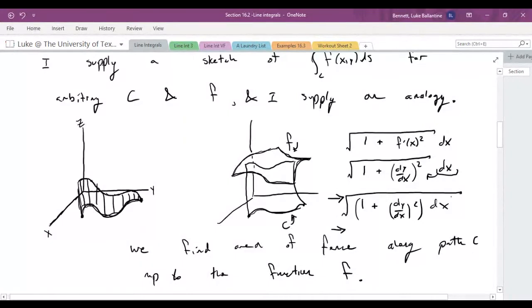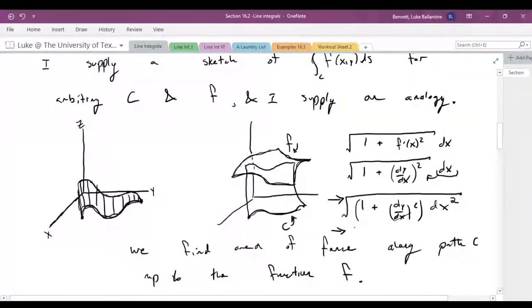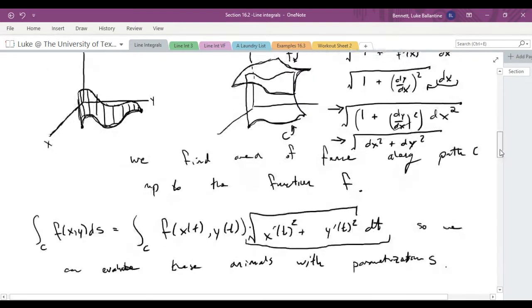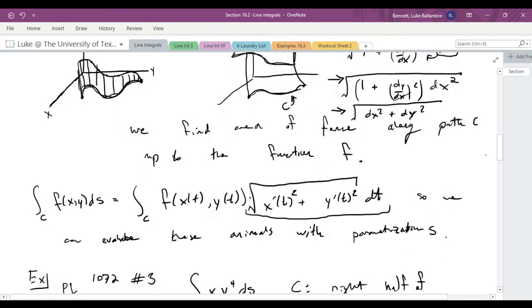Well, we distribute through, it cancels with the bottom dx squared, then we get the square root of dx squared plus dy squared, which is x prime of t squared plus y prime of t squared ds.